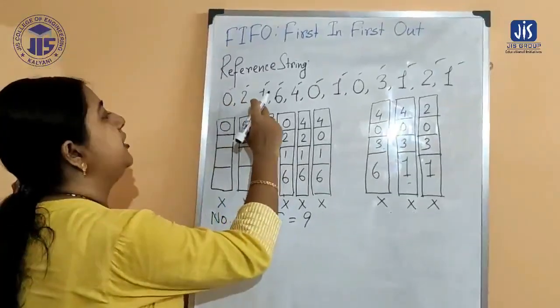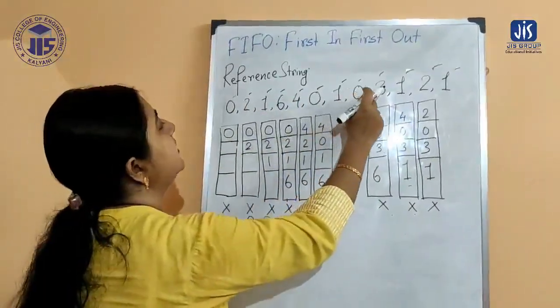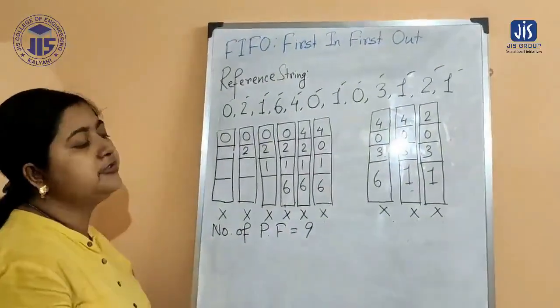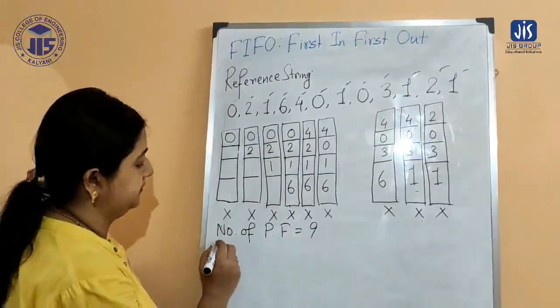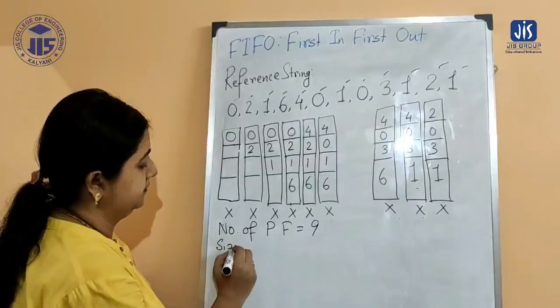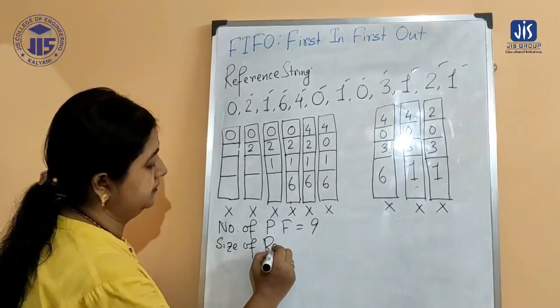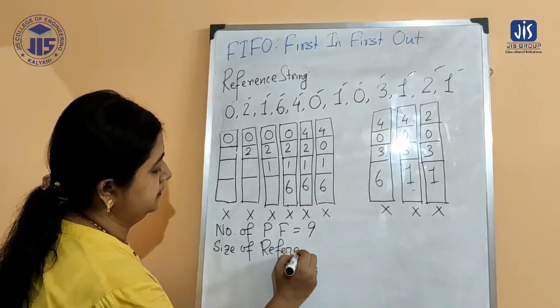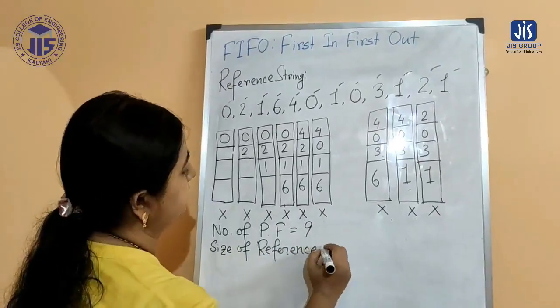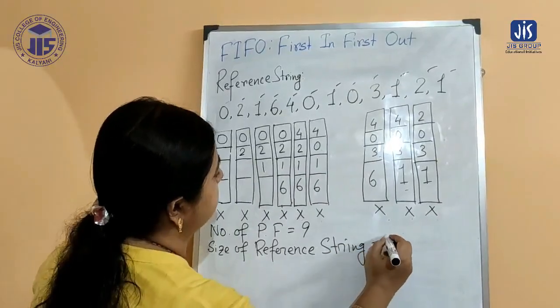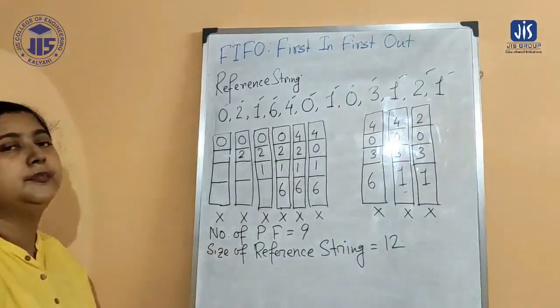1, 2, 3, 4, 5, 6, 7, 8, 9, 10, 11, 12. So the total reference string size was 12, and my page fault count is 9.